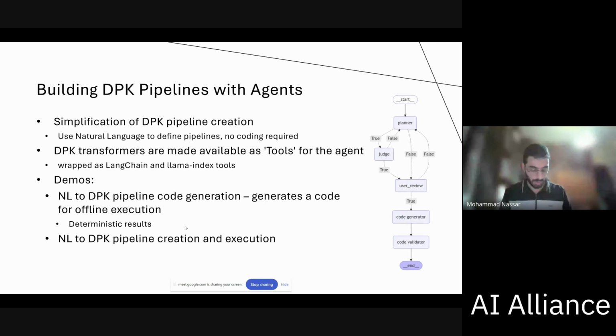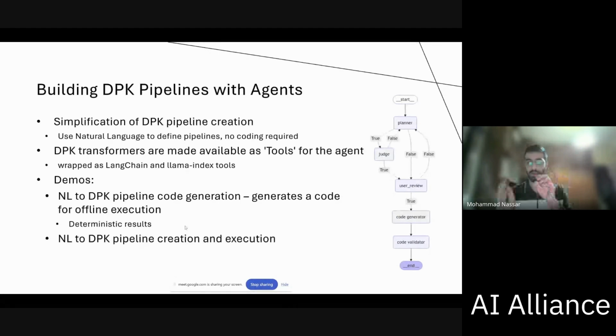So now let's start with the first demo. The first demo is about a natural language to DPK pipeline code generator. In this demo, we show an LLM agent that takes a task in natural language and generates a Python file that can be run by any user.